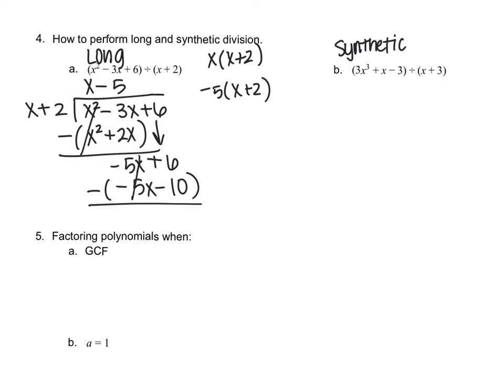The x's cancel. 6 minus negative 10 changes to addition, so it's 6 plus 10, which is 16. And the 16 is now our remainder. So our answer is x minus 5 plus 16 over x plus 2.